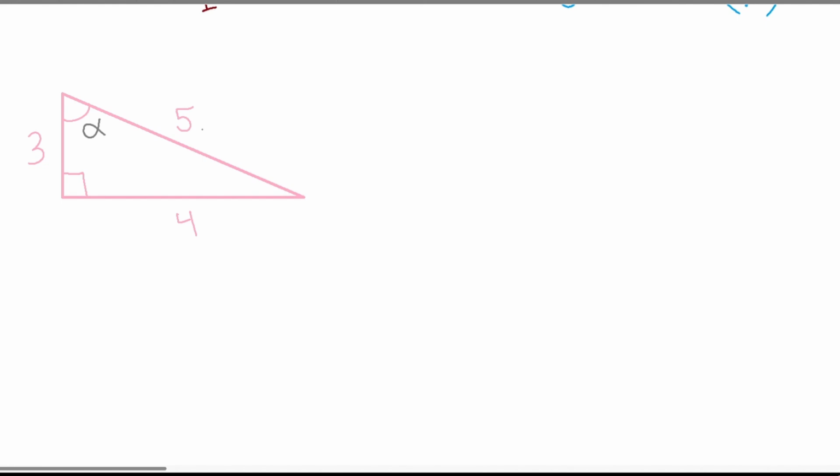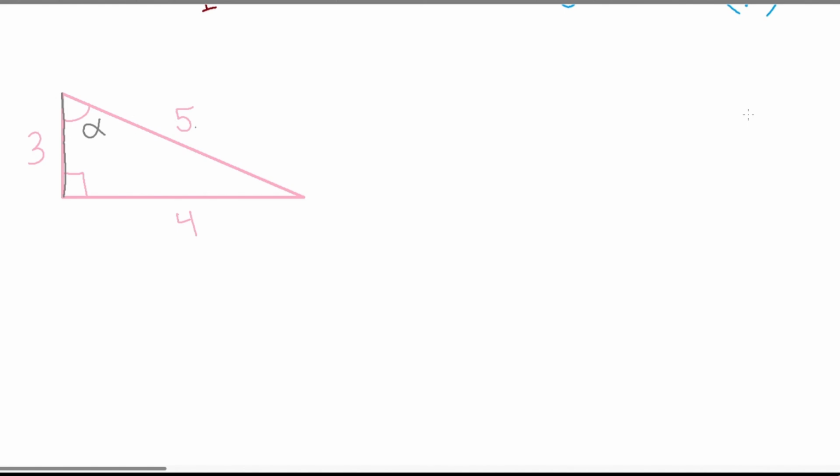So we're going to find the measure of angle alpha, and now we're going to use cosine. So again, cosine is the adjacent side over the hypotenuse. For angle alpha, the adjacent side would be this side right here, since it isn't the hypotenuse and it is right next to angle alpha.